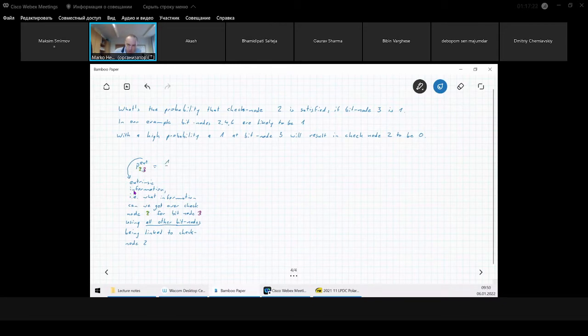And this is what we derived before, 1/2 minus 1/2 times the product. So now we need to be a bit careful in this product. Maybe this is on the first view a bit difficult to understand. For I prime being element of B2, but I prime being different from 3.